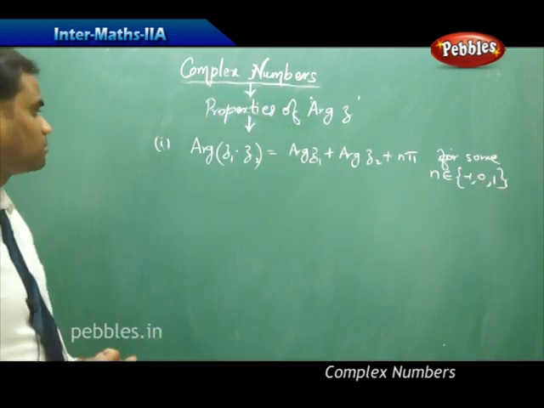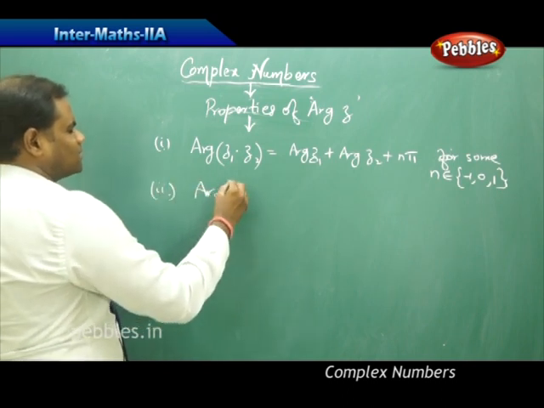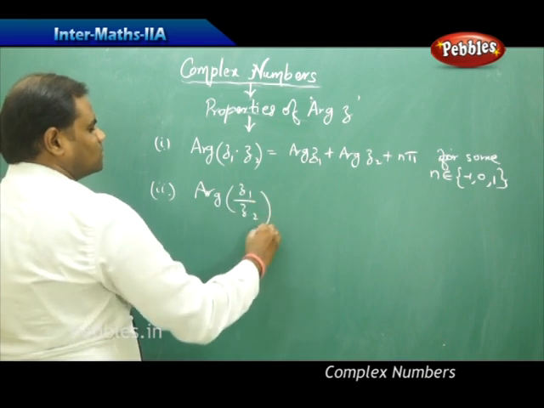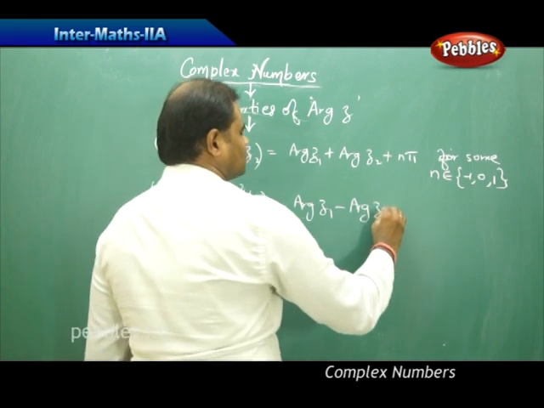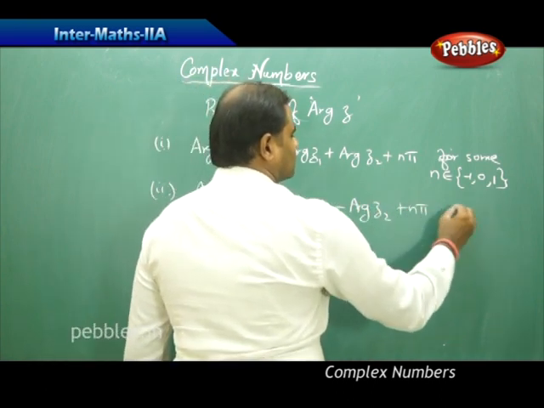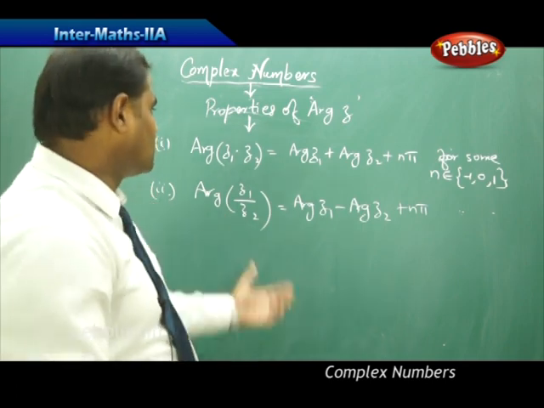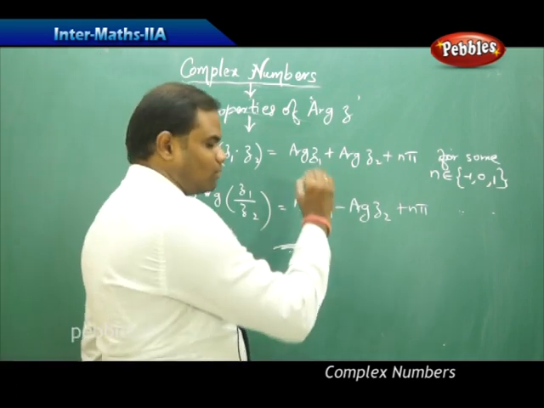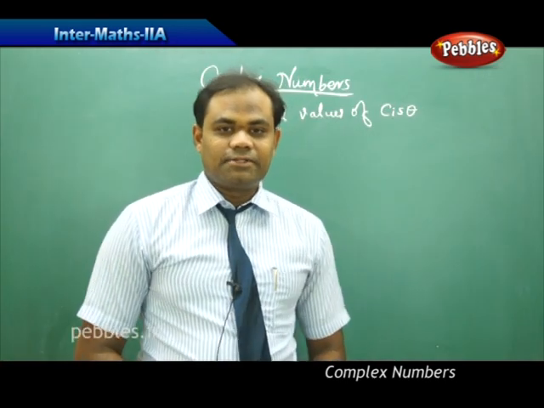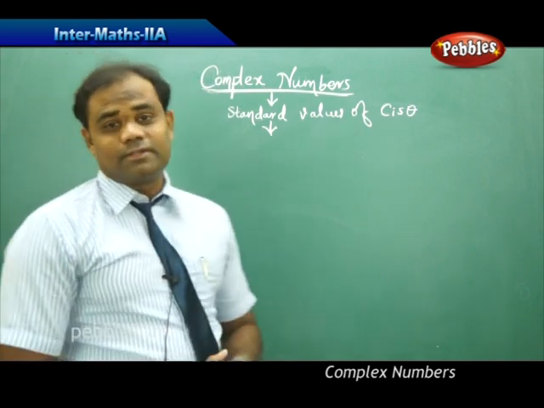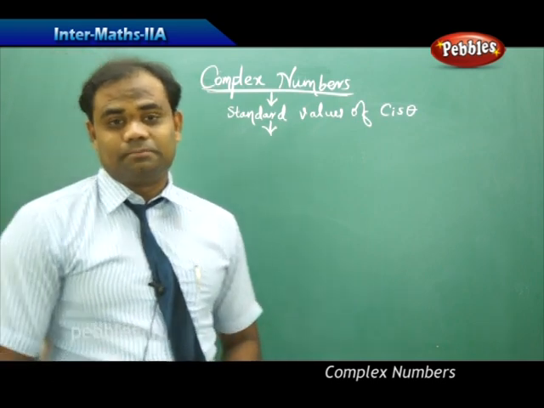Secondly, if I take the argument of z1 over z2, this is argument of z1 minus argument of z2 plus n pi, for some n belonging to minus 1, 0, 1. This is how we understand the properties of the argument, or the principal amplitude, of z. Now let's see some of the standard values of cis theta.